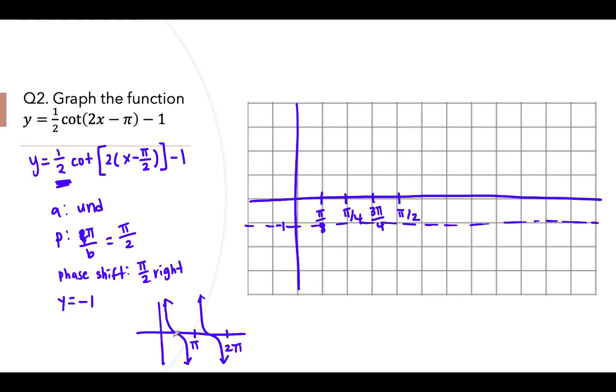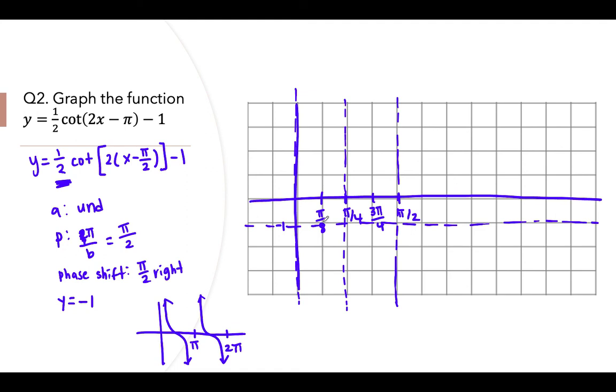We know that the x-intercept is going to be pi over 2. So same idea, at pi over 2, which is the end, this is where the vertical asymptote is going to happen. And pi over 4, vertical asymptote. And 0.